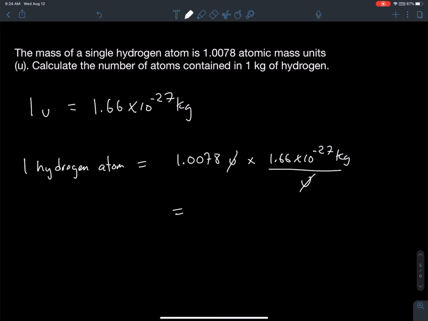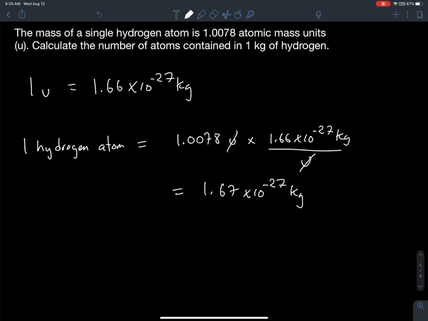Getting on the calculator, you can follow along: 1.0078 times 1.66 E, that gives me 1.67 times 10 to the minus 27 kilograms for 1 hydrogen atom.